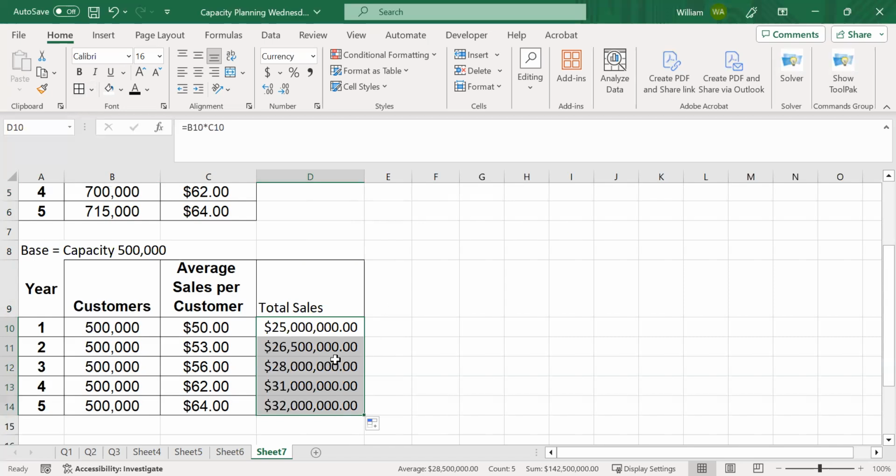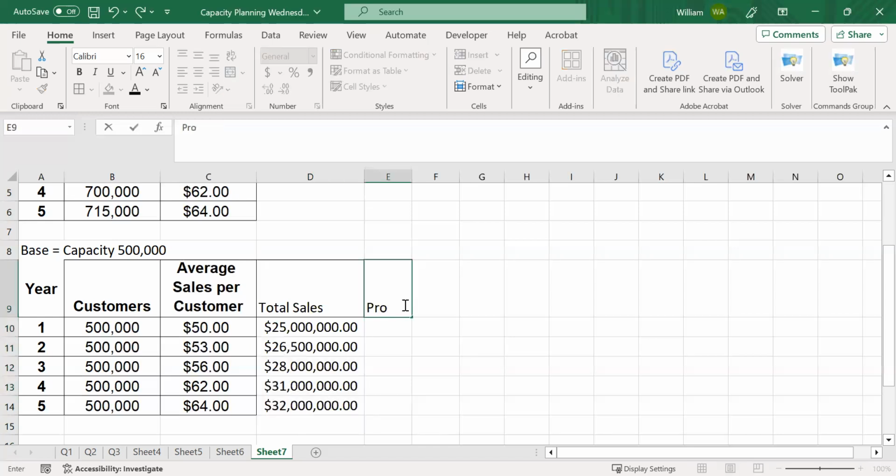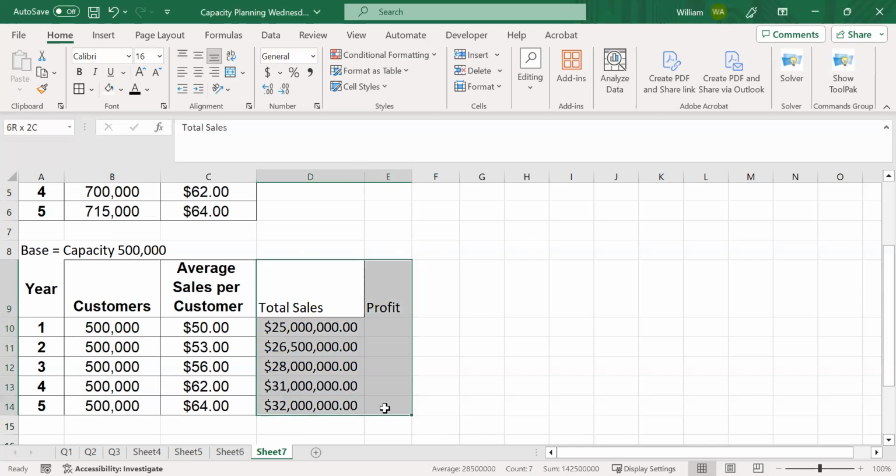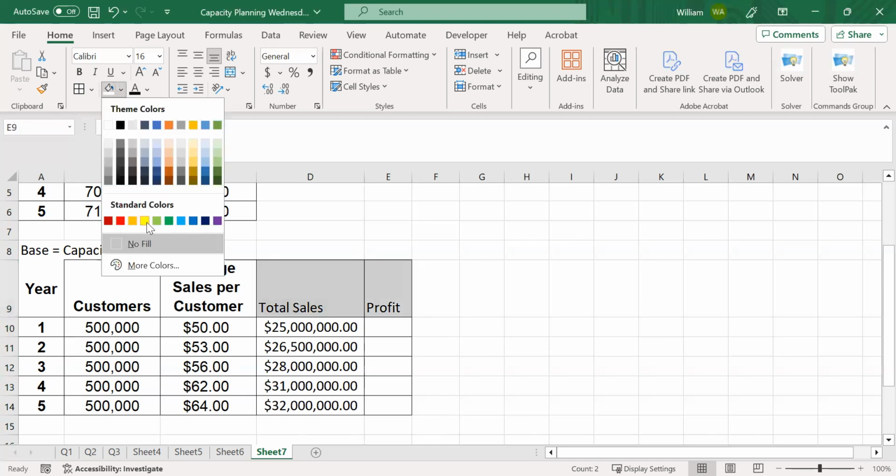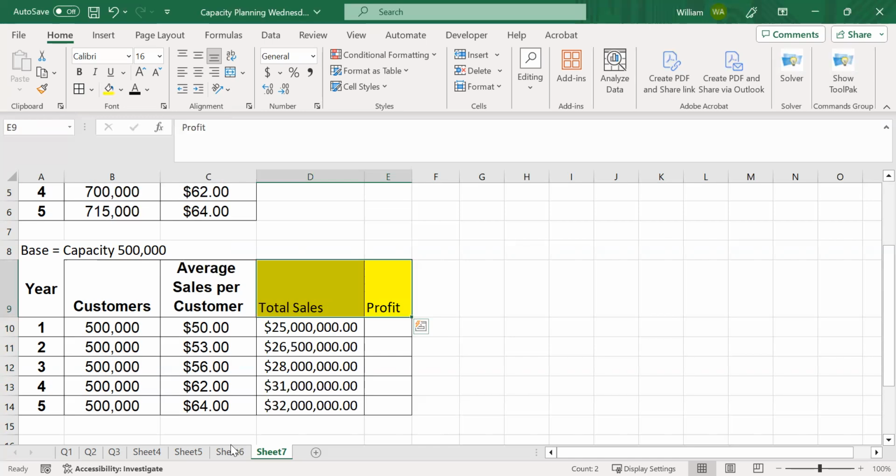Okay, now from the sales information we have here, I want to calculate what will my profit be. And these are the 2 columns of data that I want to add to both the base scenario as well as the scenario 1. Okay, so my profit will be a fraction of my total sales.